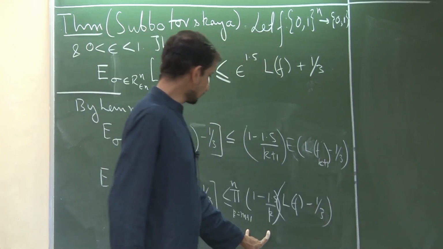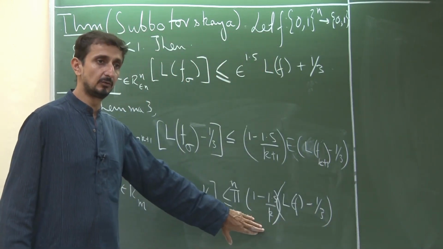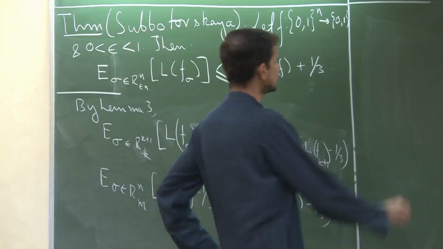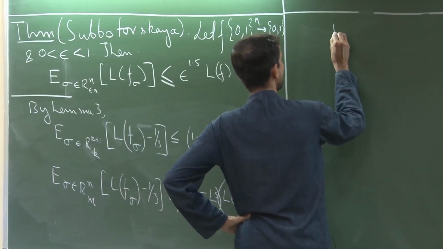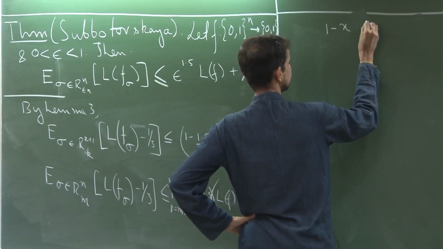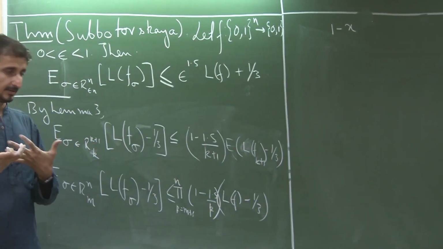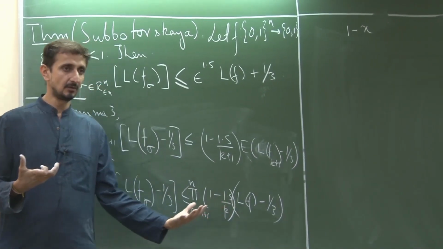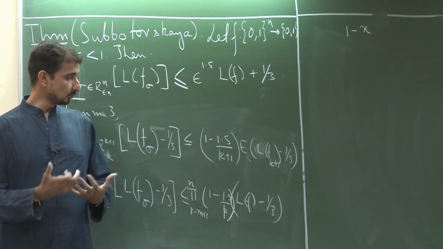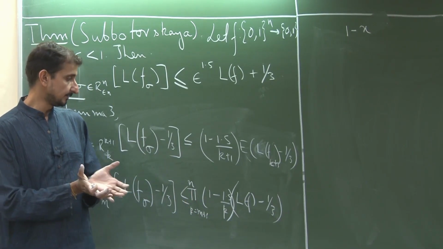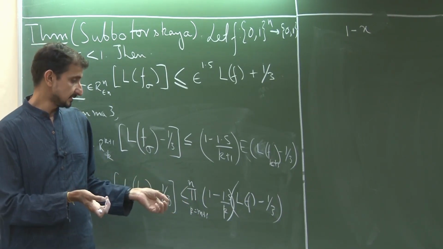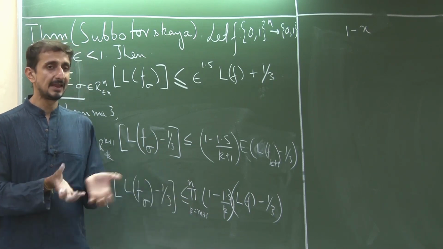So what does this quantity evaluate to? I have some products, and I want to bound this product by some function of n and m.